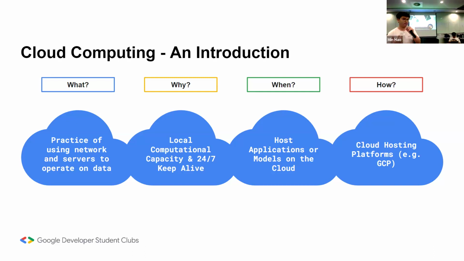So this is where bigger corporate companies, for the sake of smaller companies or even for personal use, set up this kind of powerhouse for people all over the world to be able to deploy their own applications without the need of building things from scratch. So that is basically cloud computing.